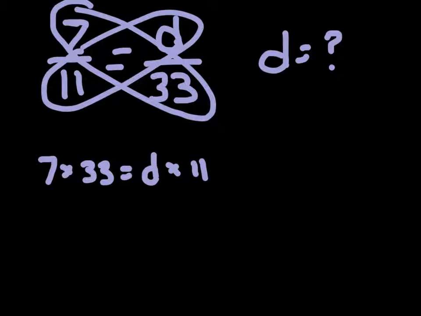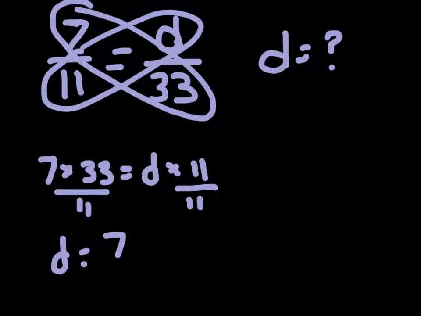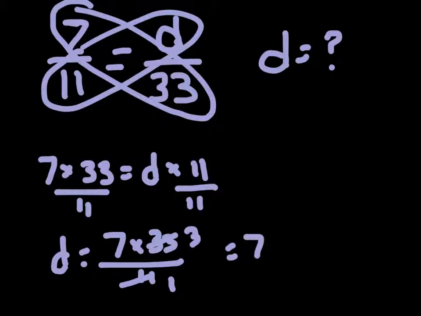And we want to get D by itself because we're trying to solve for D. So let's divide by 11 on both sides. We get D is equal to 7 times 33 over 11. Well, we know we can divide 11 and 33 because of basic arithmetic rules. So that becomes 1, that becomes 3. So that's 7 times 3, which is equal to 21.